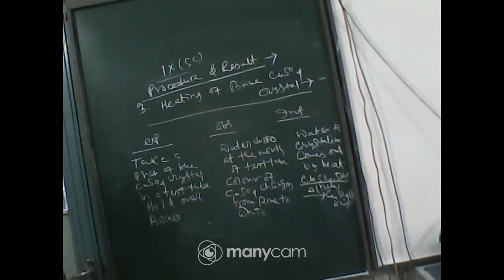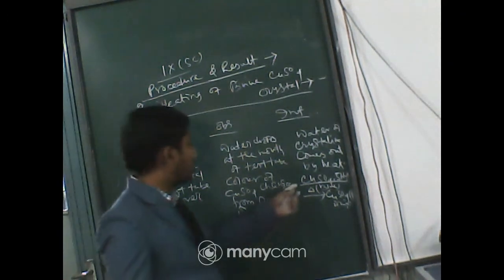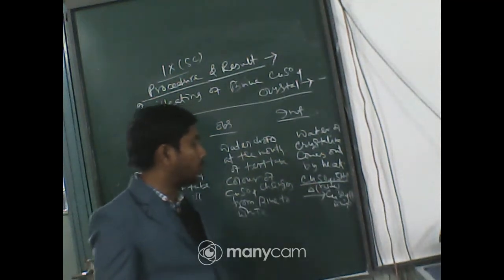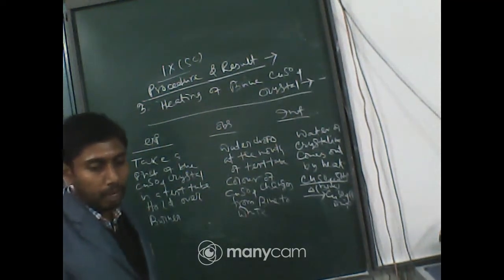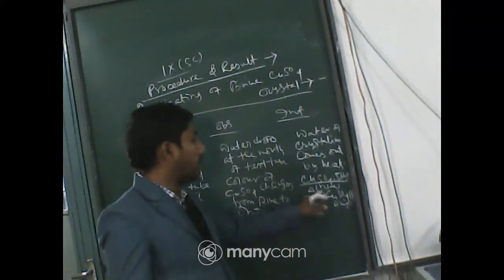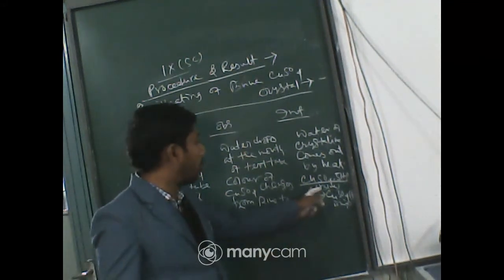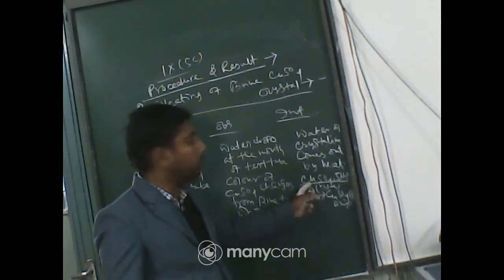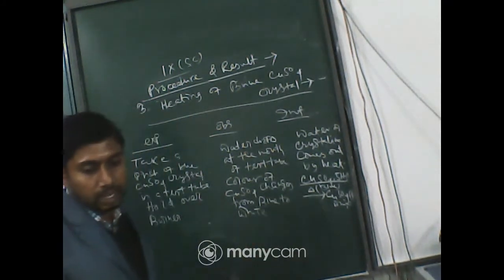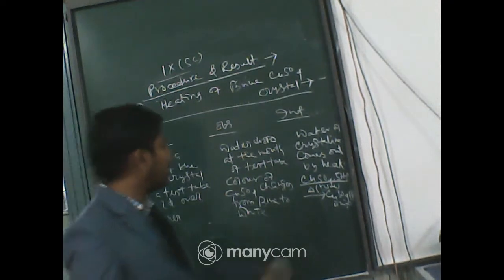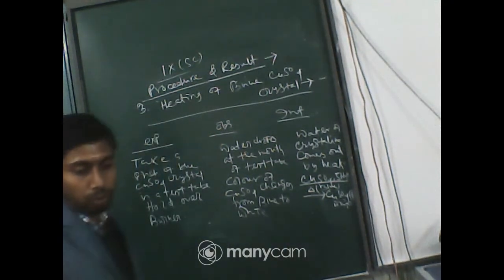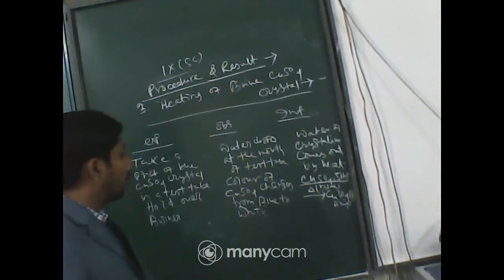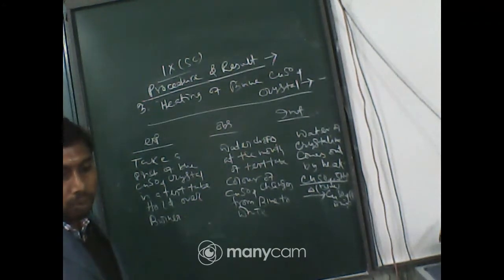After that, we have to add here the formula. Copper sulphate, 5H2O, write its color below it, that is blue. Then give an arrow, and over the arrow give a delta sign which represents the heat, and then write only CuSO4, and the color is white.